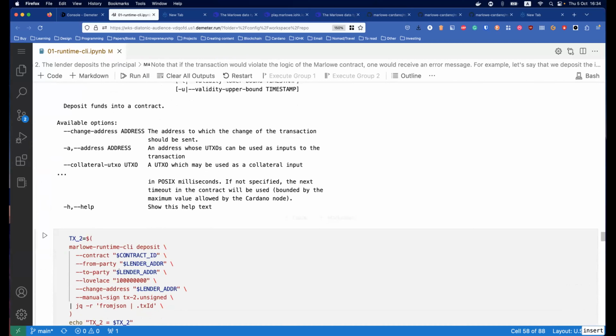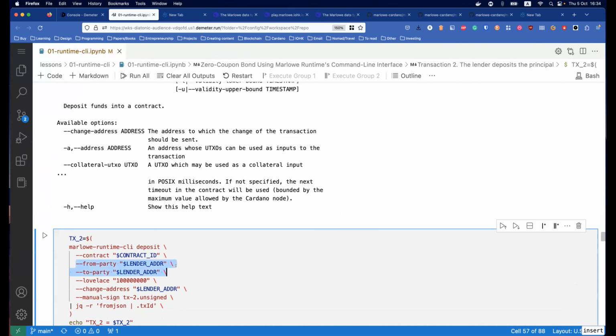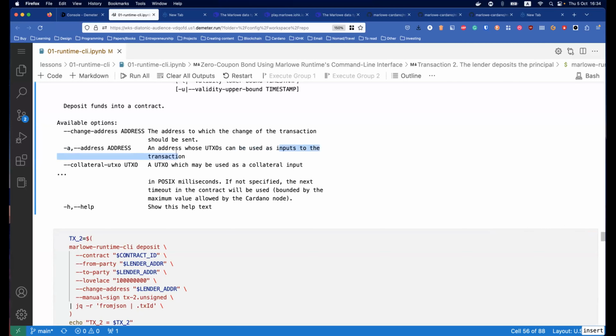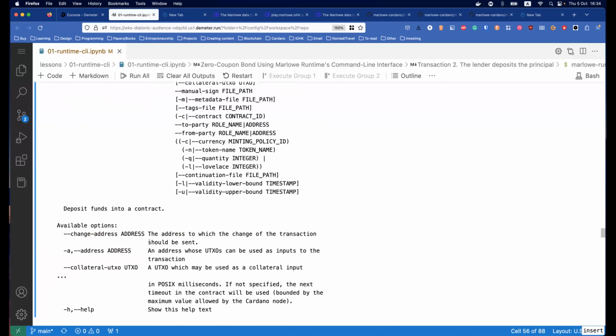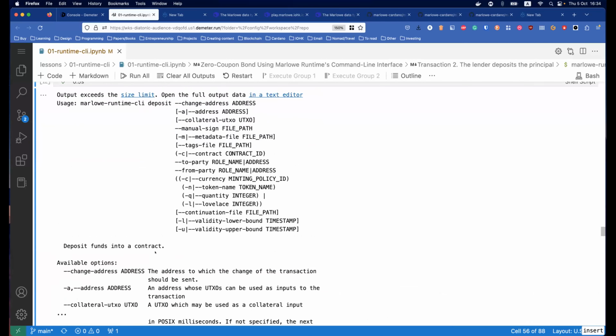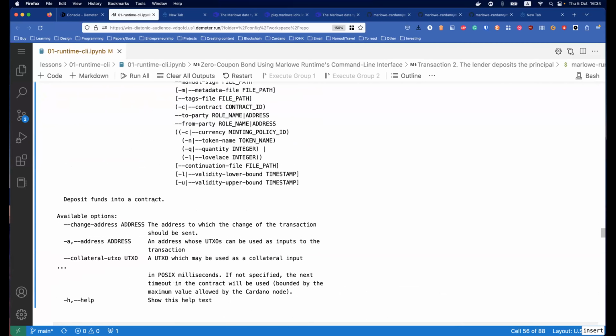Okay, so maybe if I change this from party to party to just an address, because it says that it can be used as inputs to the transaction. Not sure.